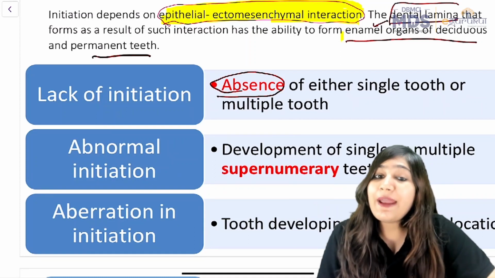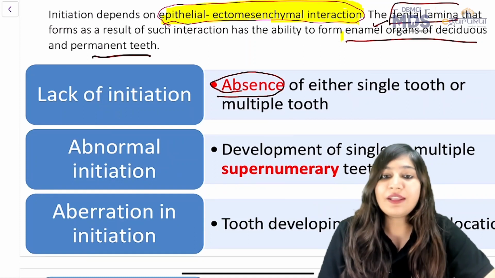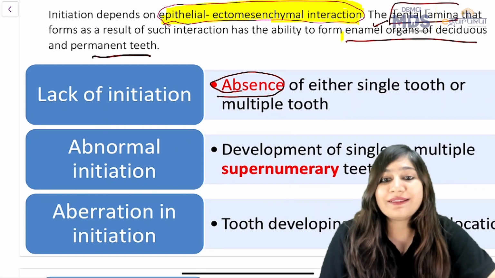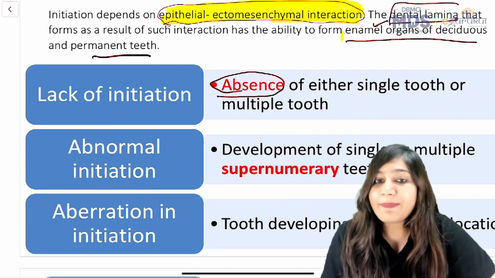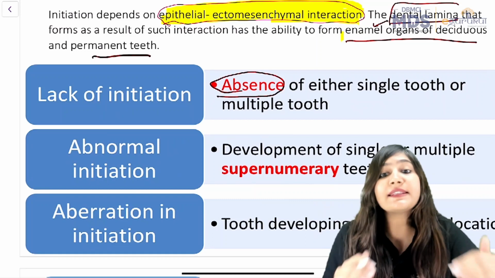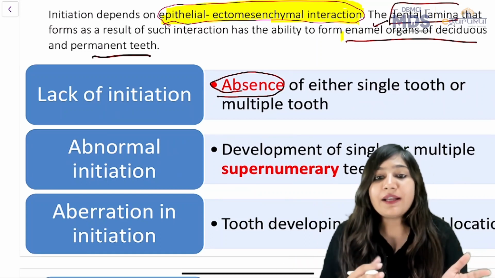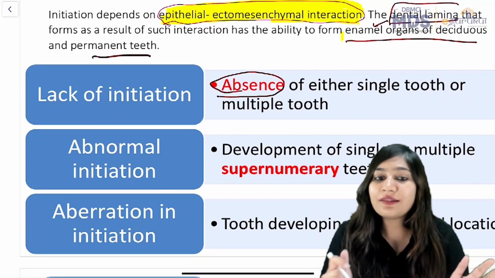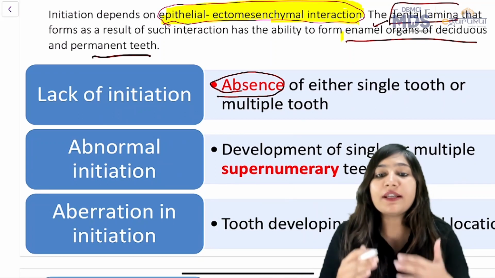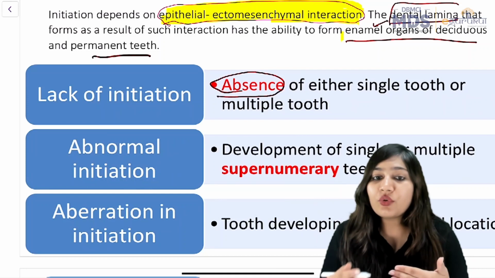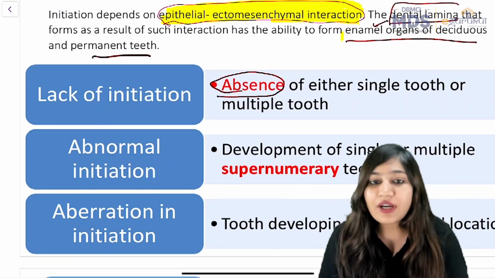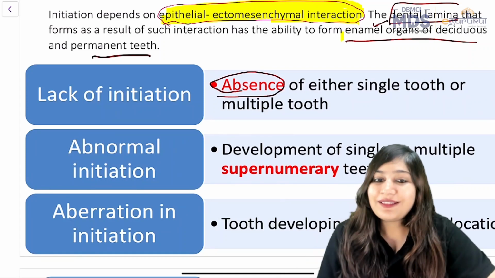Now coming to abnormal initiation. Abnormal initiation means there is no absence, there is proliferation, there is interaction between epithelial and ectomesenchymal portion, but it is not particular, it is abnormal, leading to formation of extra tooth germ, right?